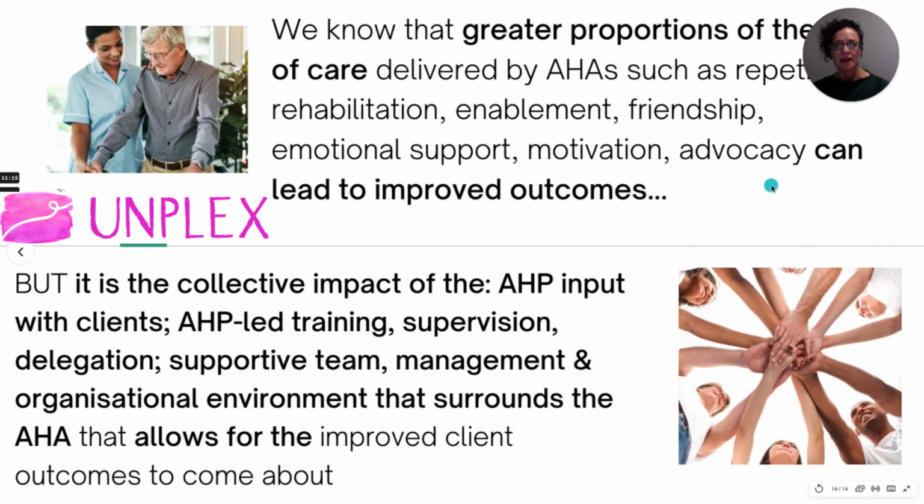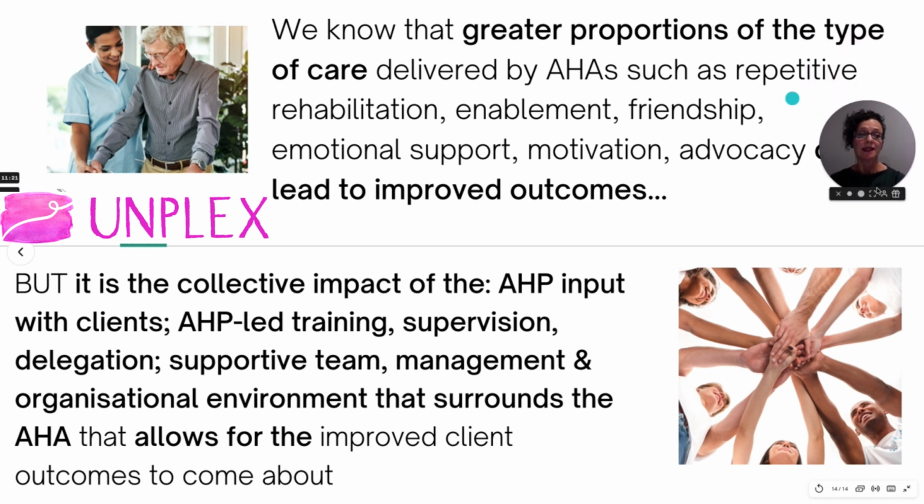So in summary, we know that greater proportions of the care delivered by allied health assistants, which include things like repetitive rehabilitation, enablement, friendship, emotional support, motivation, advocacy, all these things lead to improved outcomes.